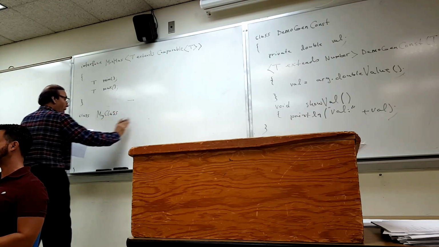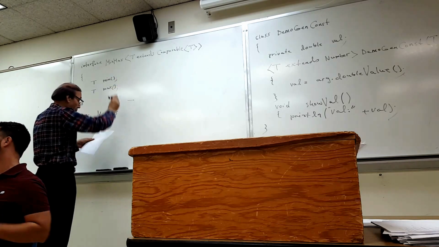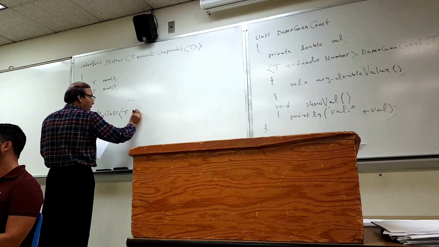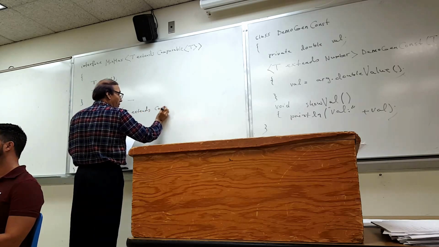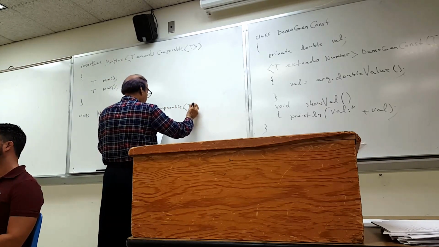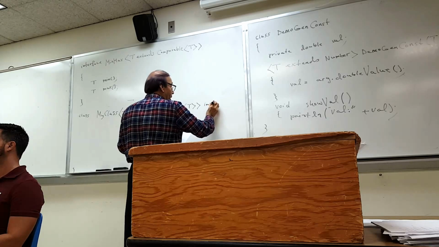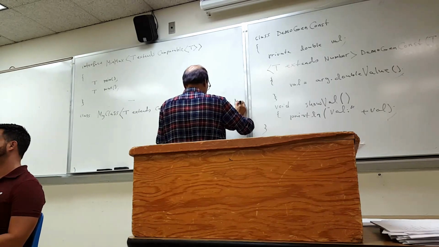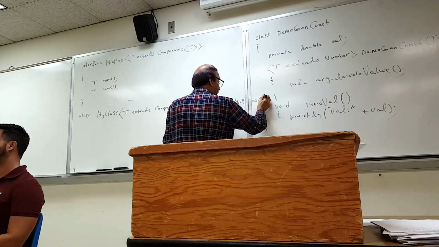And this definitely should be generic, because we are implementing MinMax: class MyClass<T extends Comparable<T>> implements MinMax<T>.